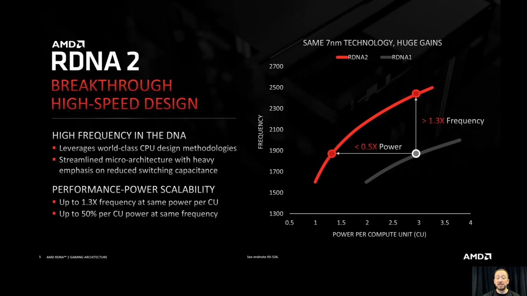The RDNA pipeline had been designed to be better positioned than GCN to attain higher frequencies, and our first generation had scaled to speeds of about 2 GHz. But analysis showed that we had the headroom to achieve a generational uplift in both efficiency and performance without a change in process node and without causing large area increases in the design.